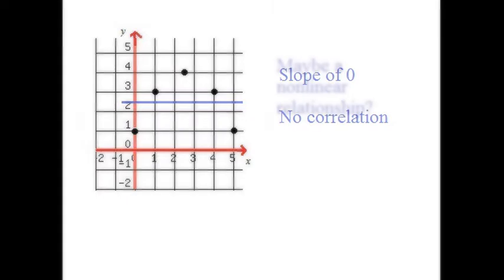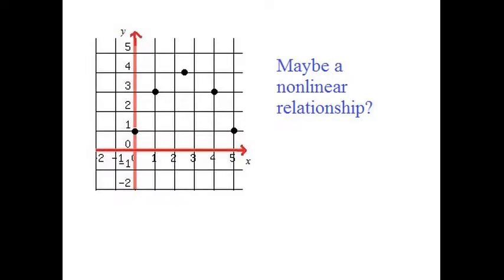Maybe there is a parabola that will explain the relationship. Maybe these points are measuring the height of a punted football over time. It's very important to look at a scatter plot and be sure that the line is the most appropriate way to describe the relationship between the variables.